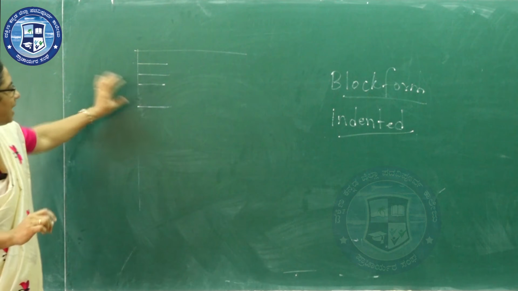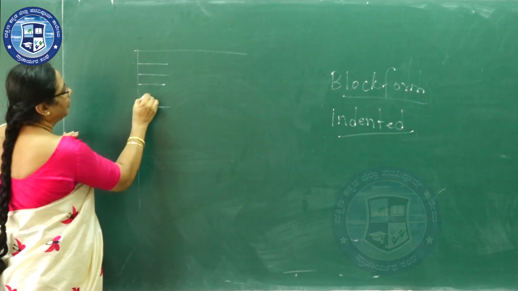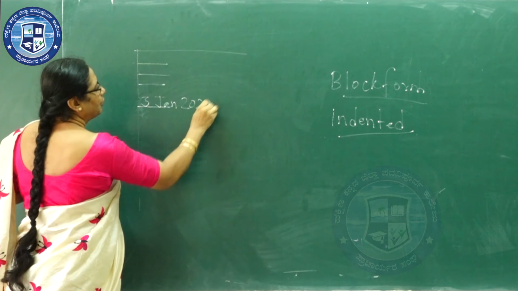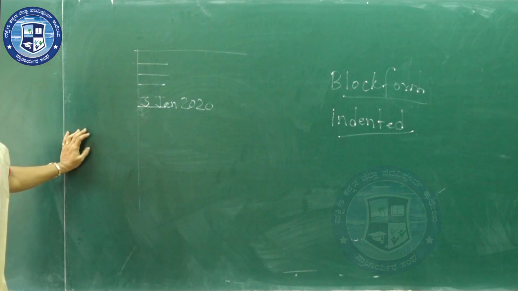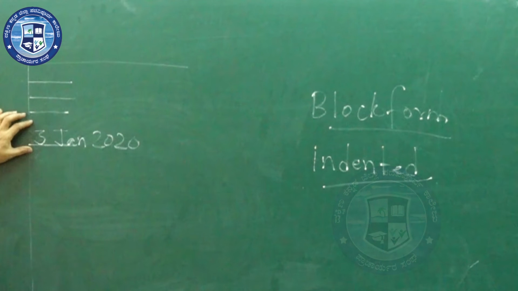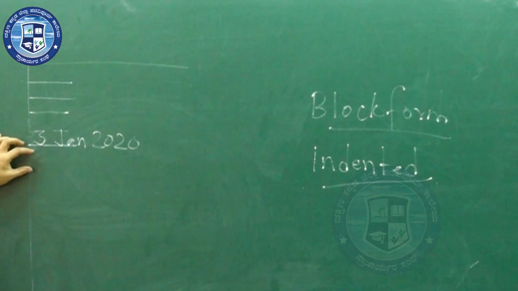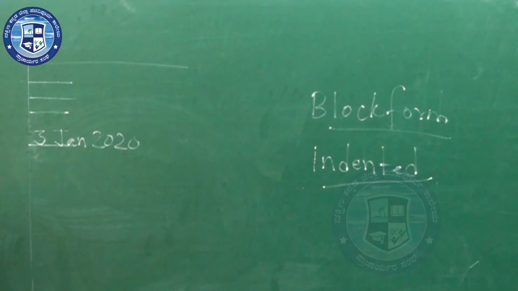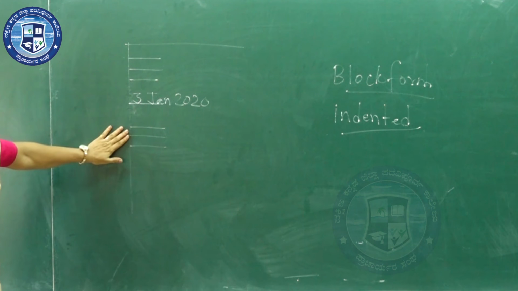So if I'm giving it to you as an example, I would write 3 Jan 2020. I would not write 3/1/2020. Immediately after the date, as I've already given you the previous instruction, we need to leave one line space and then write the address of the person to whom we are writing the letter. So that is what we call as the to address: from, date, to.